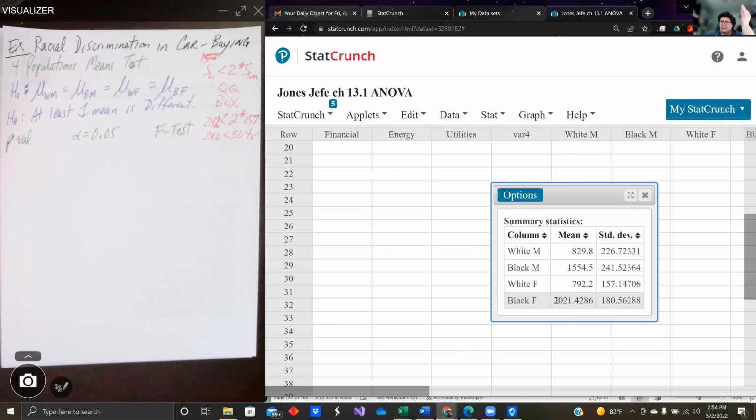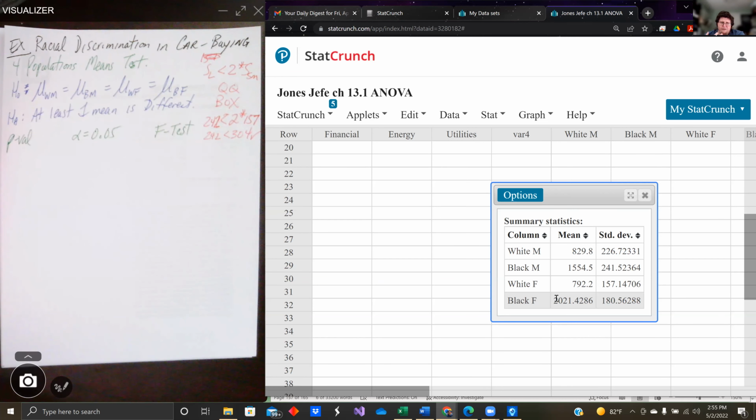There definitely looks like there's some gender discrimination there, or racial discrimination there. If I look at the white category altogether, this one's 800, this one's around 800. Their average is around 800 together. But the black females and black males are averaging much higher. So it looks like there's discrimination by both gender and race, but that's just me eyeballing it.